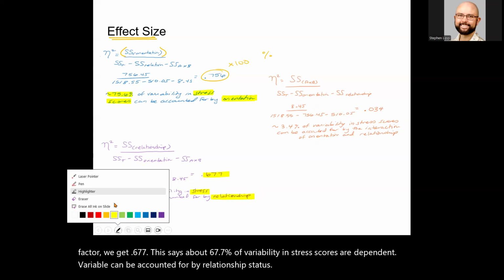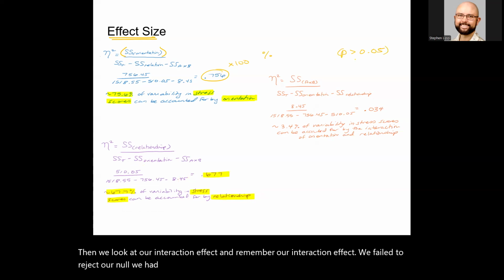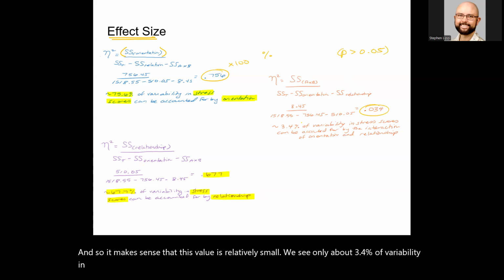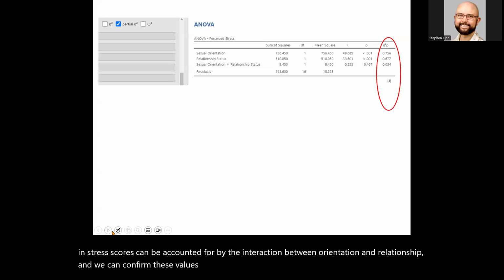Then we look at our interaction effect, and remember, for our interaction effect, we failed to reject our null. We had a p-value of greater than 0.05. And so it makes sense that this value is relatively small. We see only about 3.4% of variability in stress scores can be accounted for by the interaction between orientation and relationship. And we can confirm these values here.